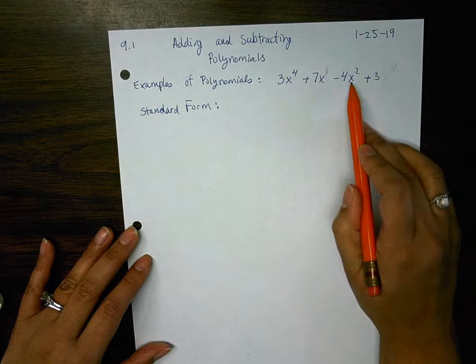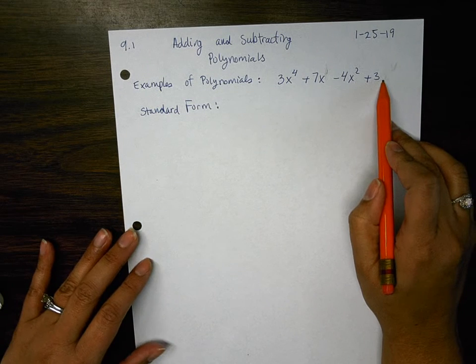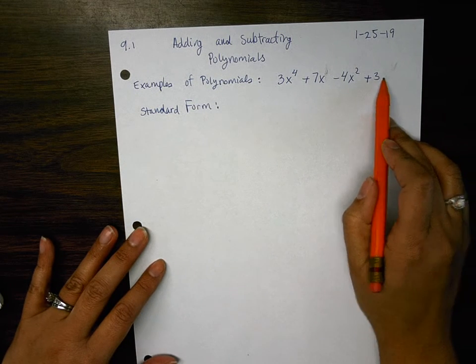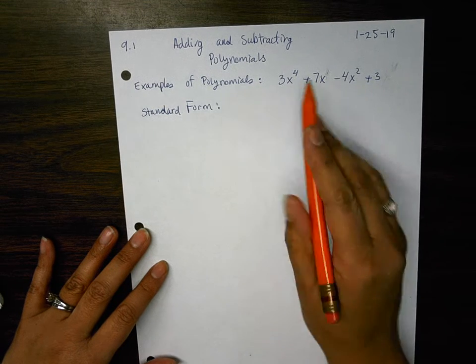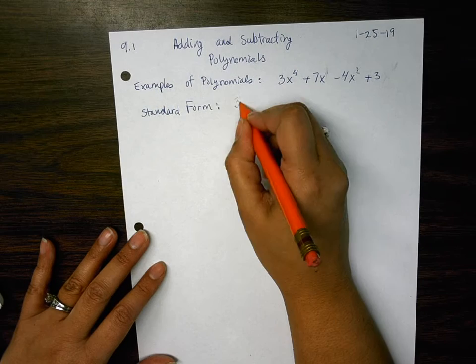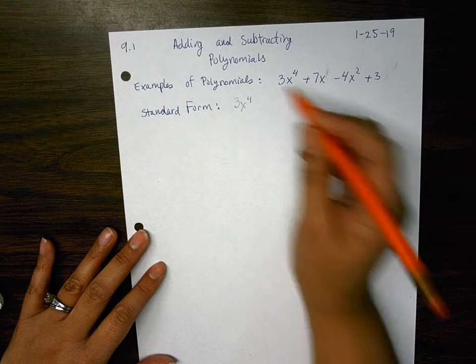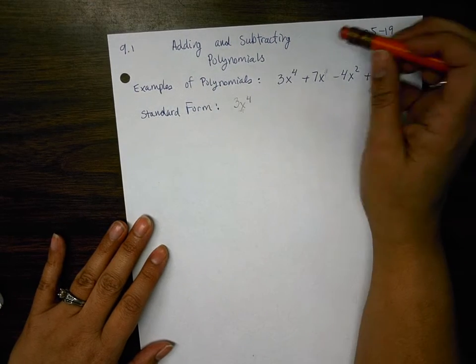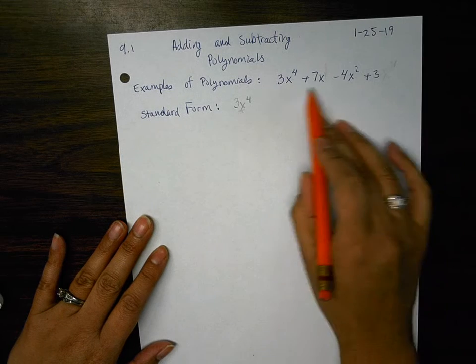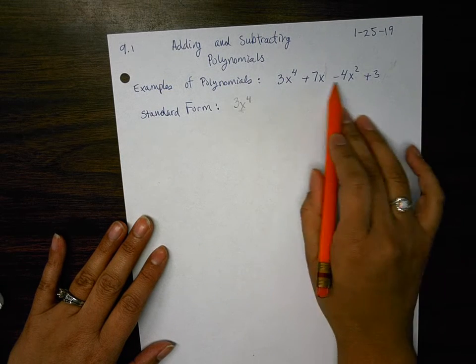So we have fourth power, second power, first power, and 0 power. The largest exponent goes first. So what is the first term I'm going to write down? 3x to the fourth. That's the largest exponent. Do I have any third powers here? No. So what comes next?